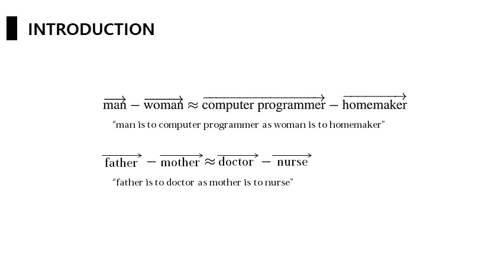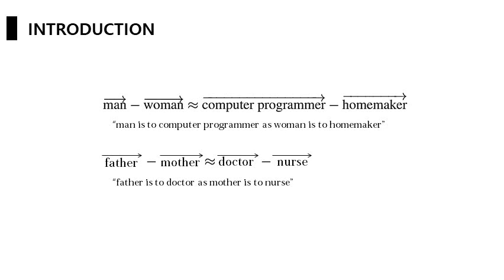However, the embeddings also pinpoint sexism implicit in text. For instance, these are the cases. Man is to computer programmer as woman is to homemaker, and man is to doctor as woman is to nurse.